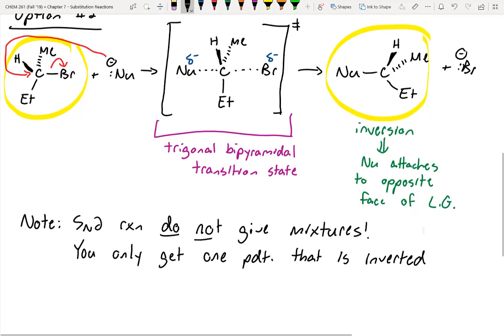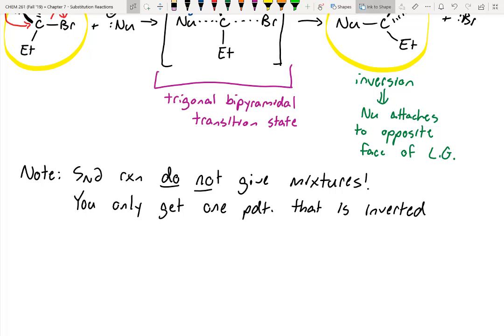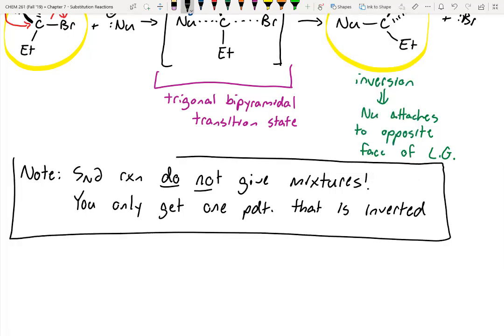Does that make sense? So with SN1 reactions, we said we get a mixture of stereoisomers. If you only get one product, that's a big clue that you're going through an SN2 pathway. So more experimental evidence that we can use.